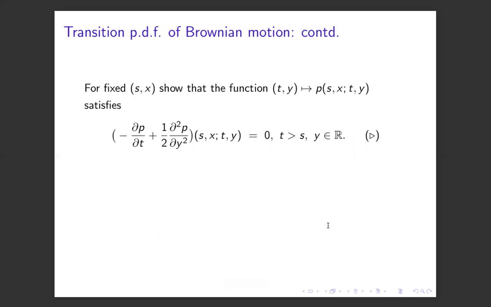Fix s and x, and verify that this is a simple calculus exercise for you. As a function of t and y, this function satisfies minus the first derivative in t plus 1/2 the second derivative with respect to y, evaluated at this point, is 0.